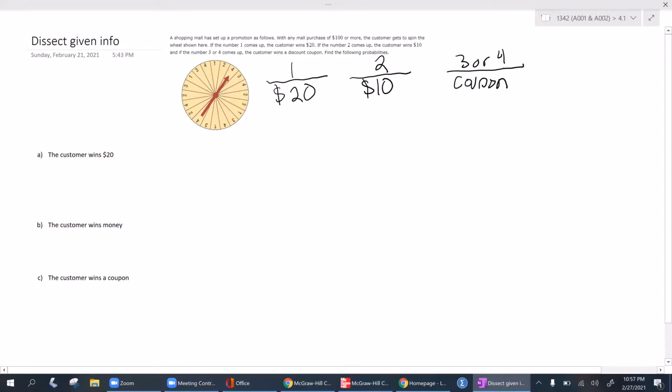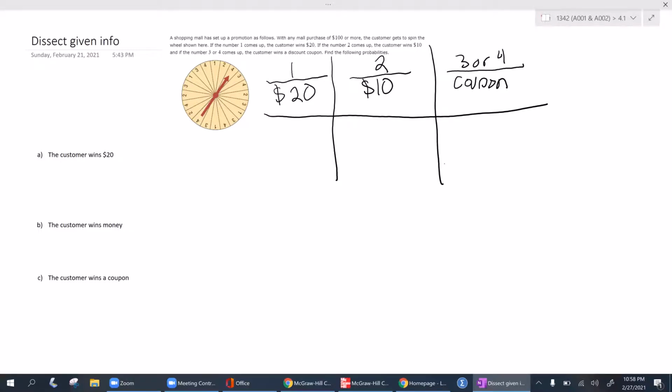So you get a coupon, right? So one thing I'm going to want to go ahead and do, right, is now that I found out what the 1, 2, and 3 or 4 stand for, I'm going to find out how many of these do I have in my wheel, right? How many of these do I have in my wheel? So let me go ahead and count the ones that I have. All right, so I have 1, 2, 3, 4. So in other words, my n is equal to 4.